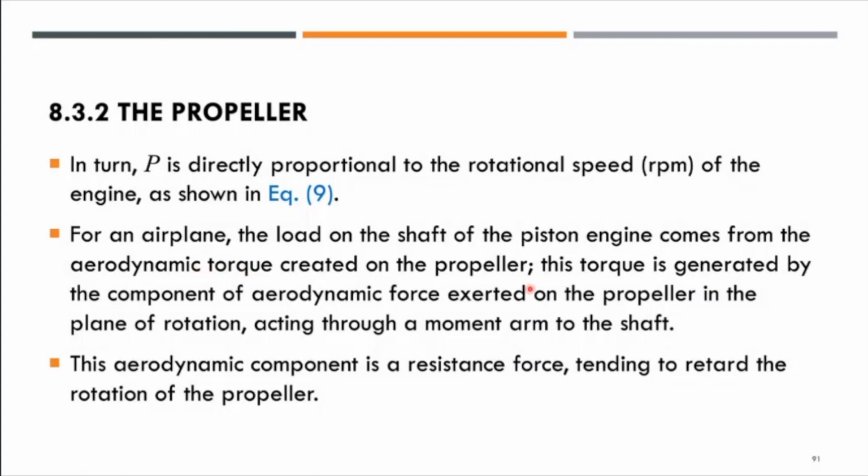This torque is generated by the component of aerodynamic force exerted on the propeller in the plane of rotation, acting through a moment arm to the shaft. This aerodynamic component is a resistance force, tending to retard the rotation of the propeller.